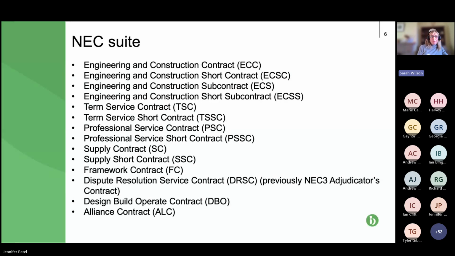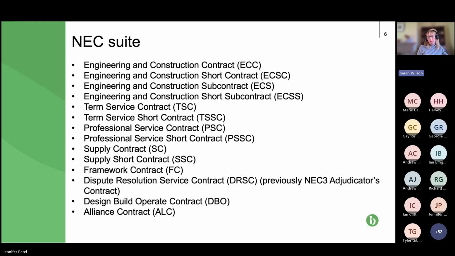The next 4 bullet points are the term service contract and short form. So that's basically, rather than doing a specific project or build, as the first 4 contracts are designed for, this is for something like maintenance over a specific duration.